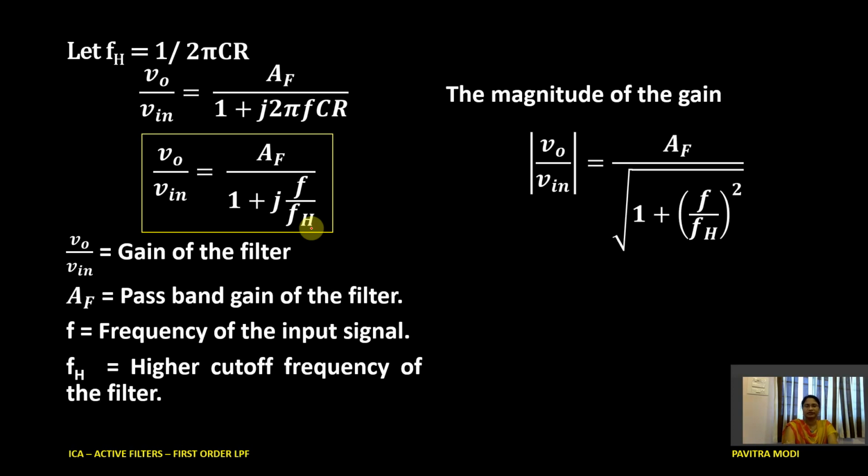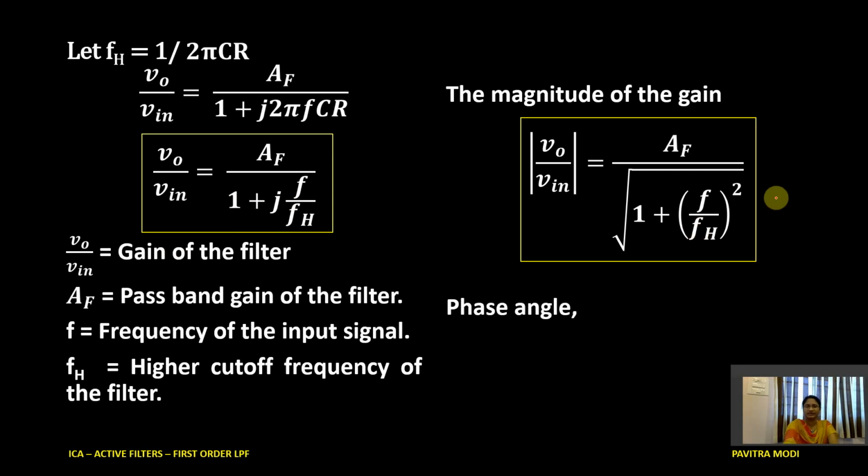The magnitude of the gain, that is mod of V0 by Vin, has a complex term, so the real term can be taken directly as AF, divided by, in the denominator, the root of the sum of squares of the coefficients of all the terms, for complex functions. Therefore it is AF divided by the root of 1 plus (f by fH) whole square.